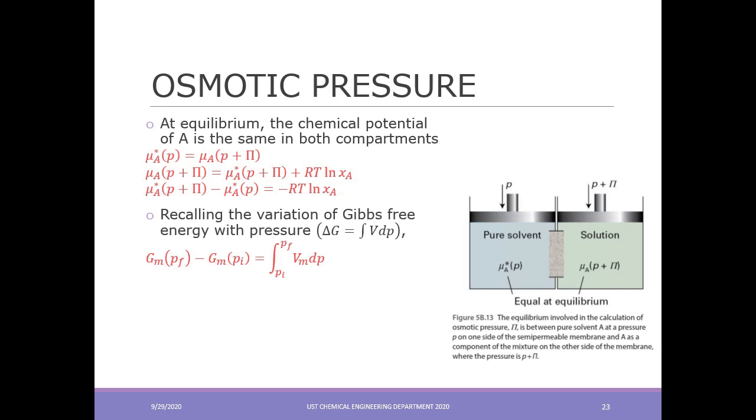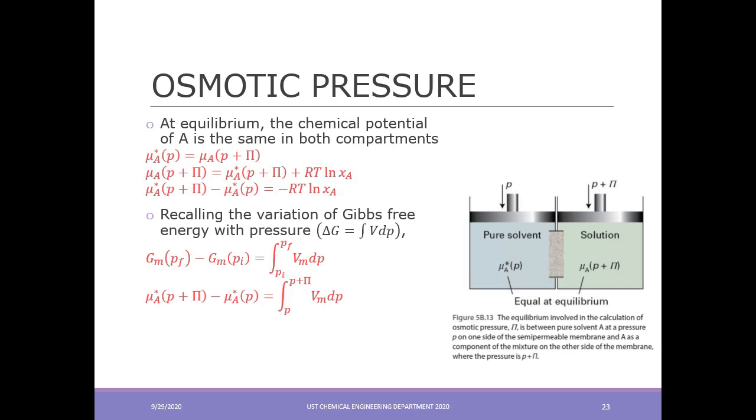And since molar Gibbs energy is equal to chemical potential, we can also express this equation as follows. The final chemical potential at the increased pressure minus the initial chemical potential at the original pressure is equal to the integral of the molar volume times dP evaluated from the initial pressure to the increased pressure.